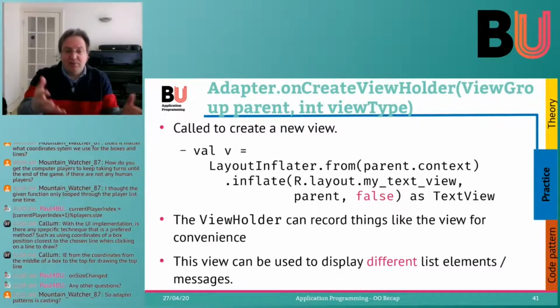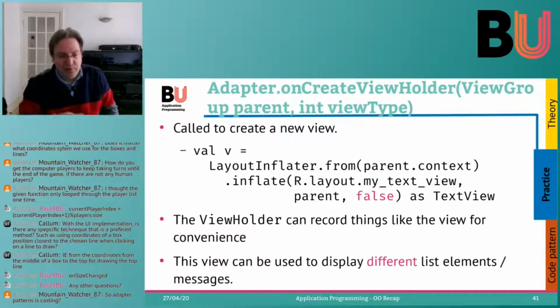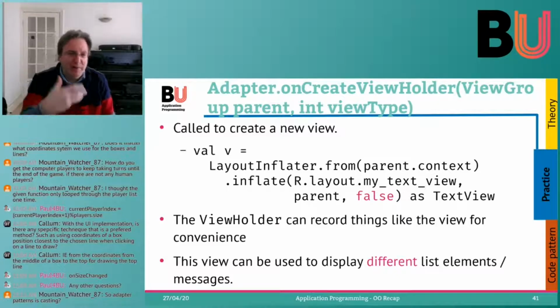So you inflate your view, you then create the view holder with that view. You use a layout inflater to do this. You might want to store that layout inflater in your adapter because you're reusing it all the time.